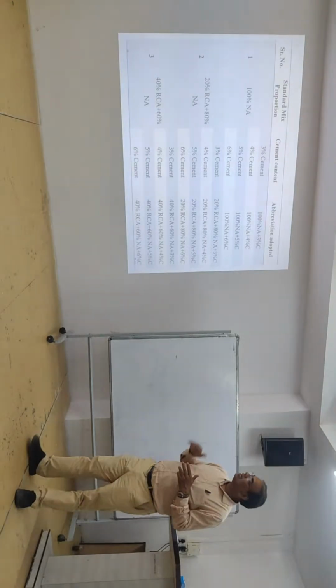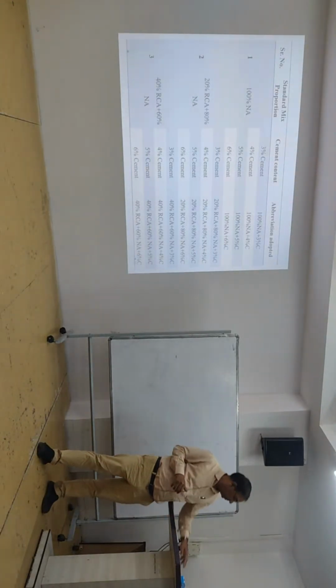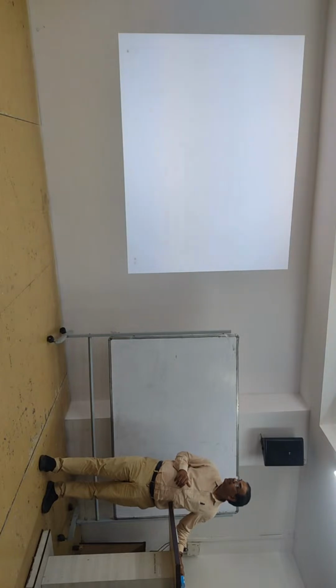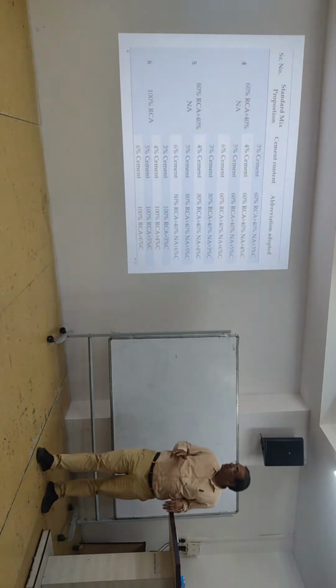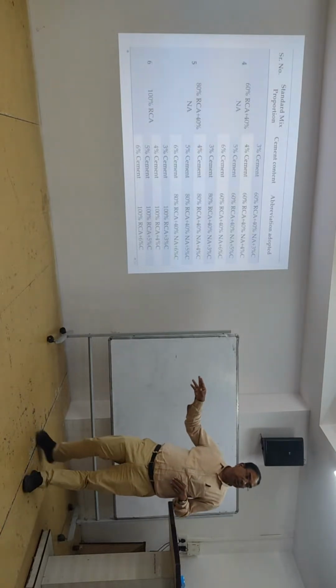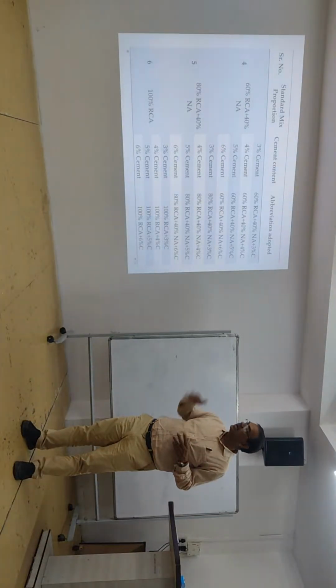You can see how much strength we are getting here. These are the same combinations, and we have also checked 100% RCA with recycled aggregate.